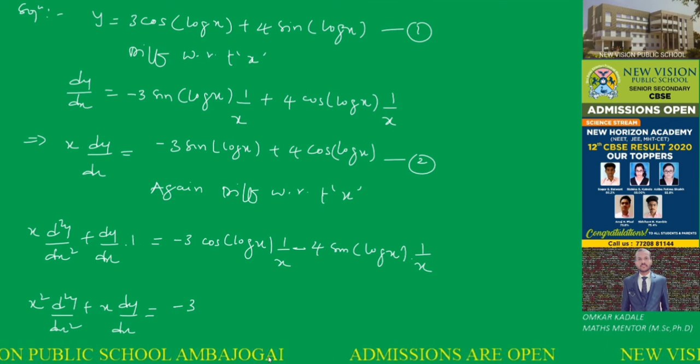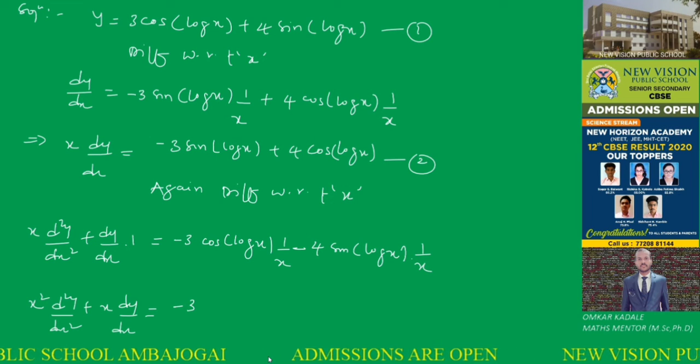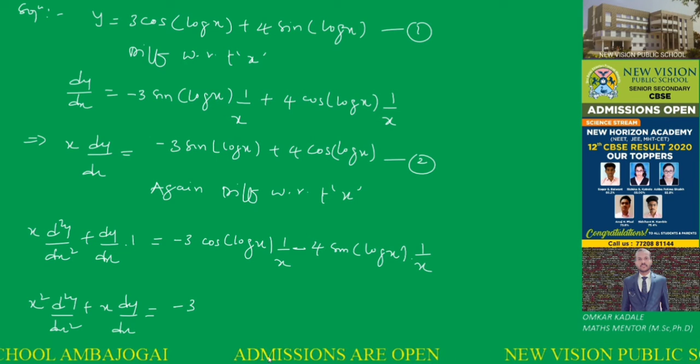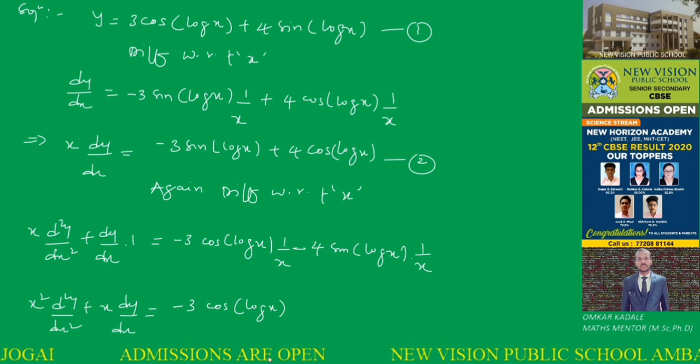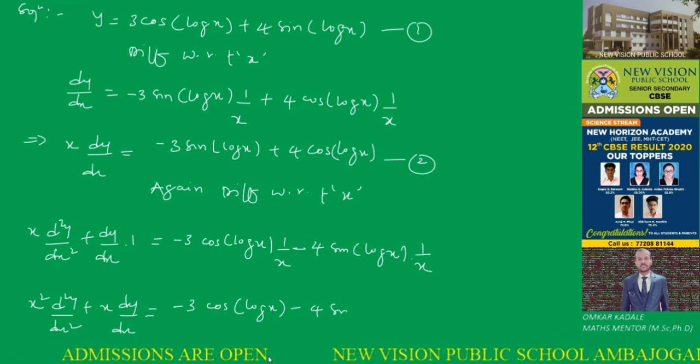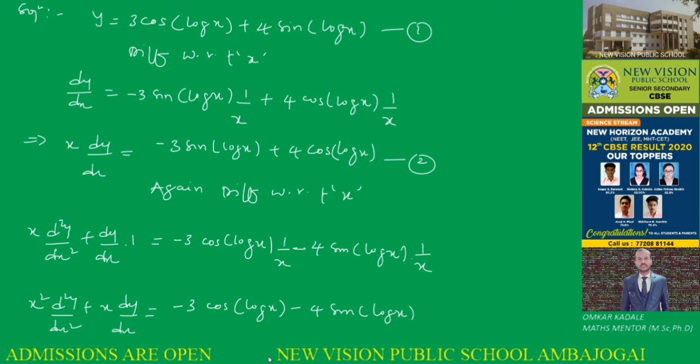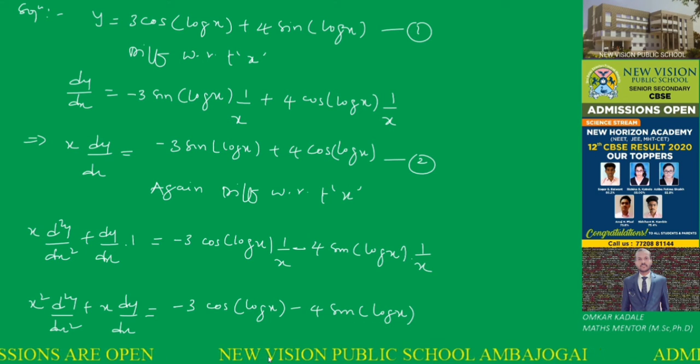Or if we take minus common, in the next step you can write it as minus 3 cos log x minus 4 sin log x. It is right.